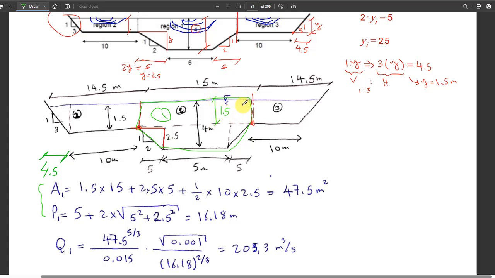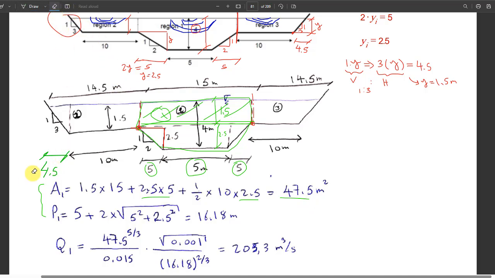So we are done with the whole rectangle here. Okay, next we have another rectangle down, which is 2.5 times 5. Plus 2 triangles. I can take the summation of their bases, which is half times the base, 5 plus 5 makes 10, times the height, which is 2.5. Okay, we got the area.